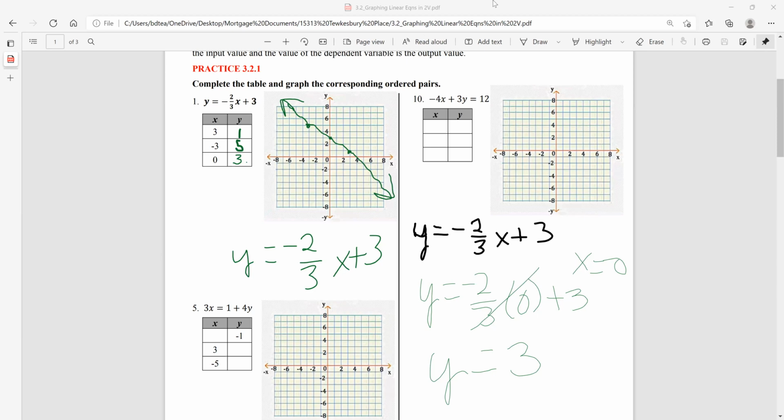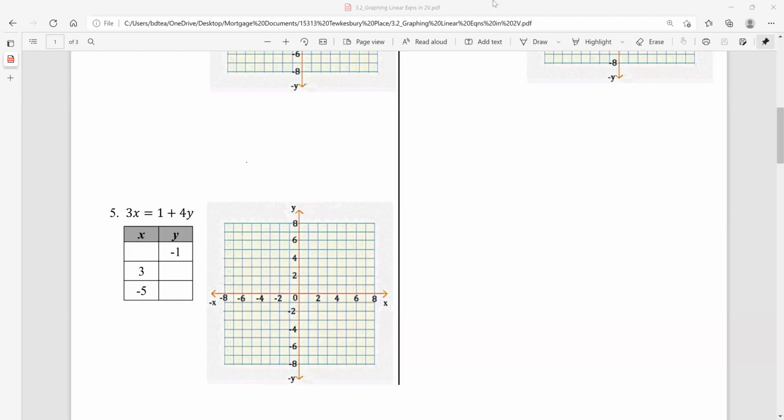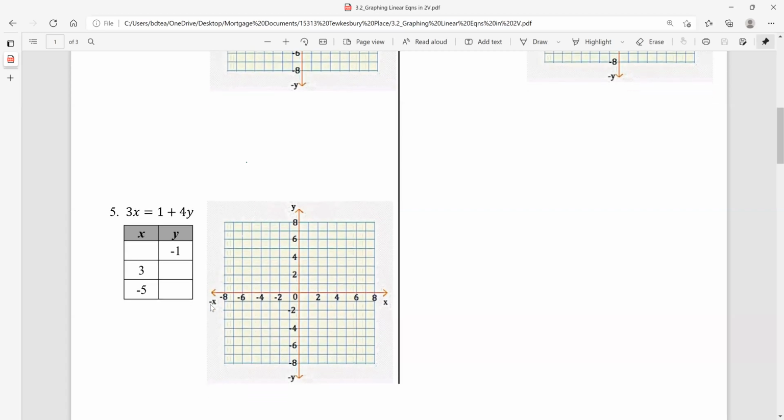Let's look at number 5. We have 3x equals 1 plus 4y. Let's just start with the first one. We have the equation 3x equals 1 plus 4y, and here they tell us that y equals -1.